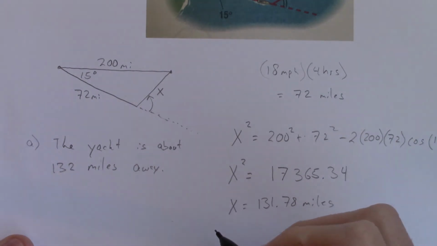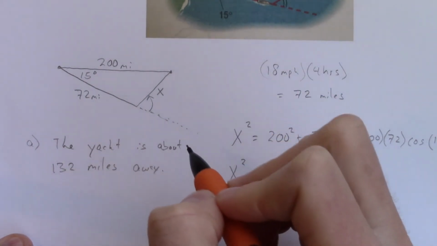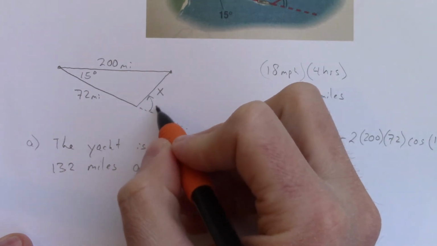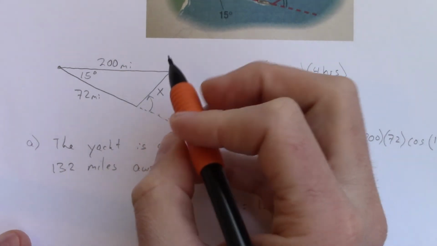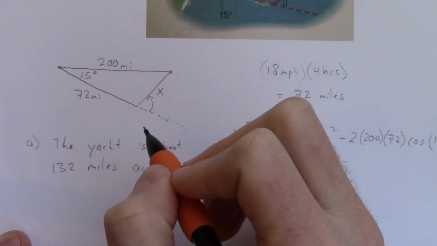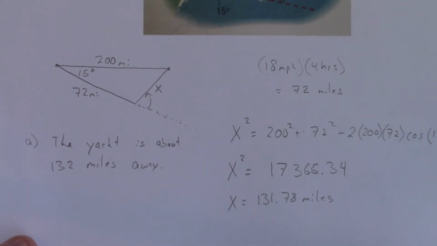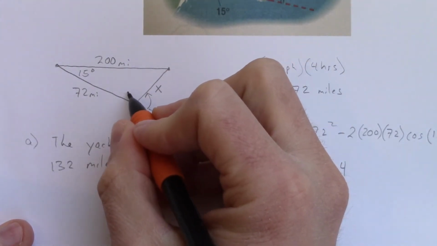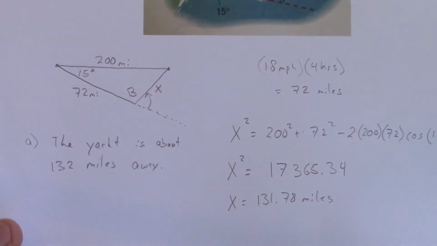Now the thing is, I don't have a method for solving for angles outside of the triangle, right? I have a method for finding angles that are inside the triangle, which is what I'm going to do. And there's a little bit of a trick to this. So I need to label this angle right here. I'm going to label this angle capital B just because.